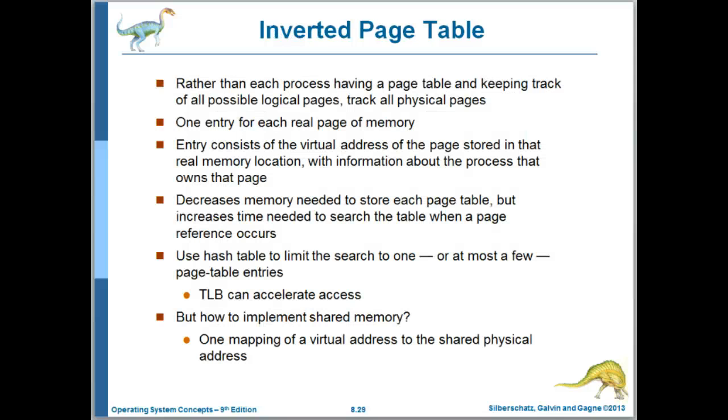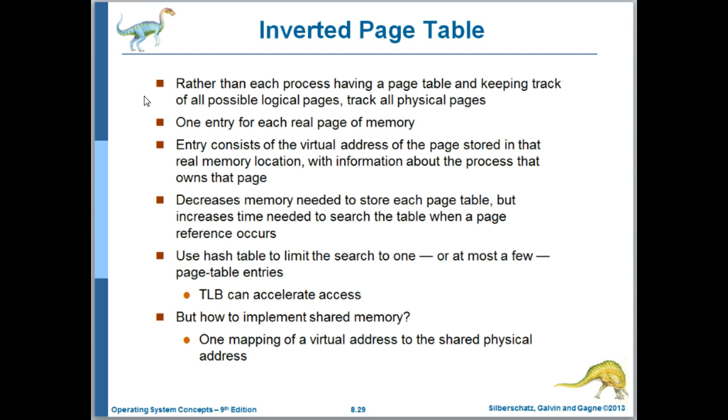Another solution is to use what's known as an inverted page table. A page table has an entry for each logical page. An inverted page table has one entry for each physical frame. We'll see an illustration of this momentarily.